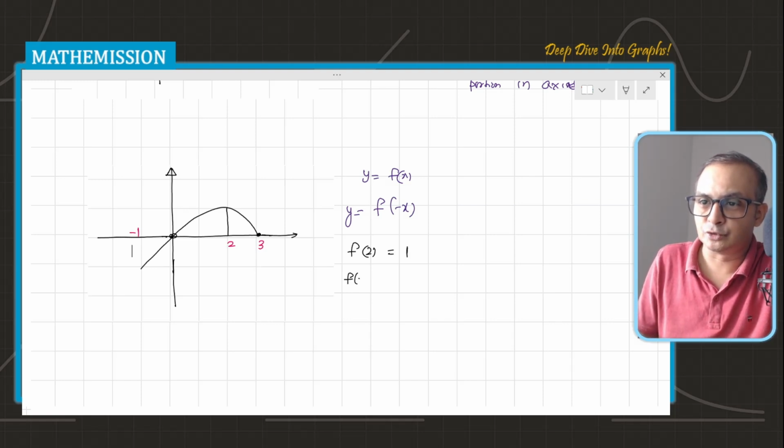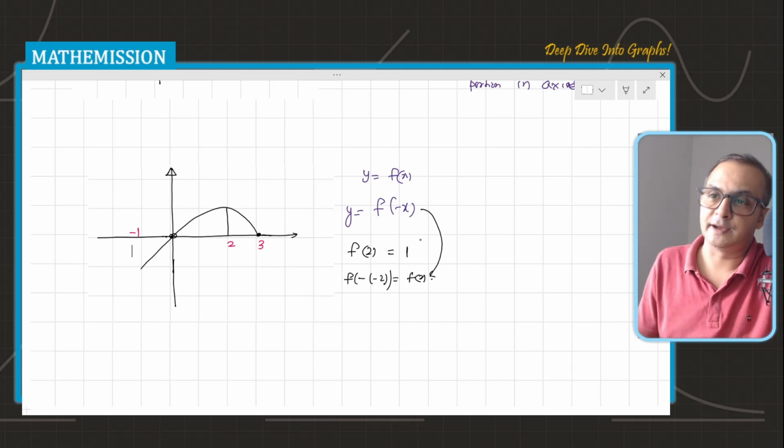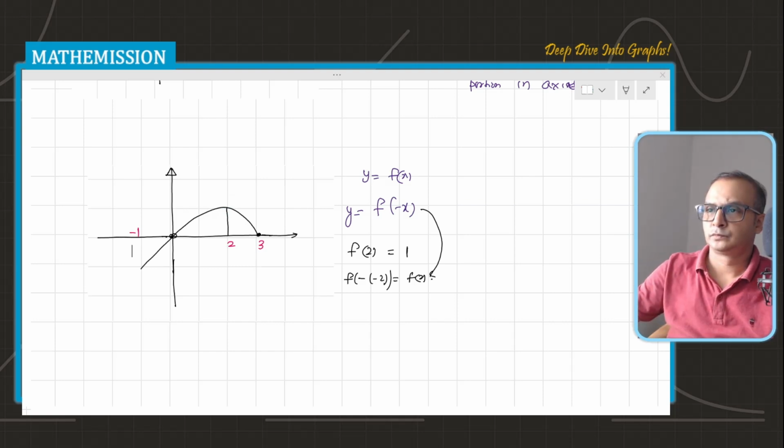But at minus 2, if I substitute in this function, at x equals minus 2, it will become f of minus 2, and that will give you f of 2. It means that whatever positive value you have taken, at that positive value the function will act as if it is taking the negative value.